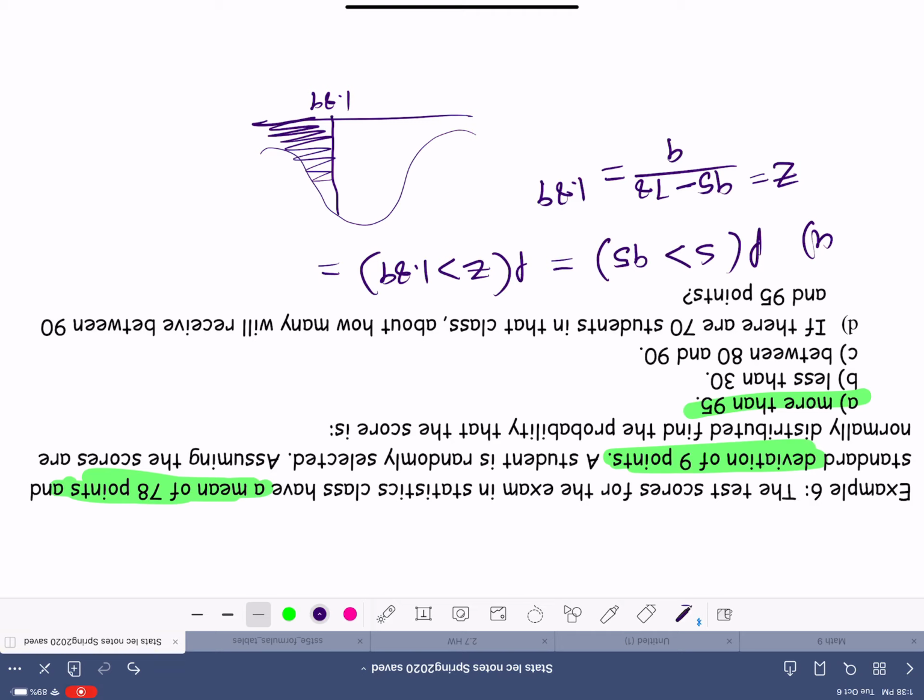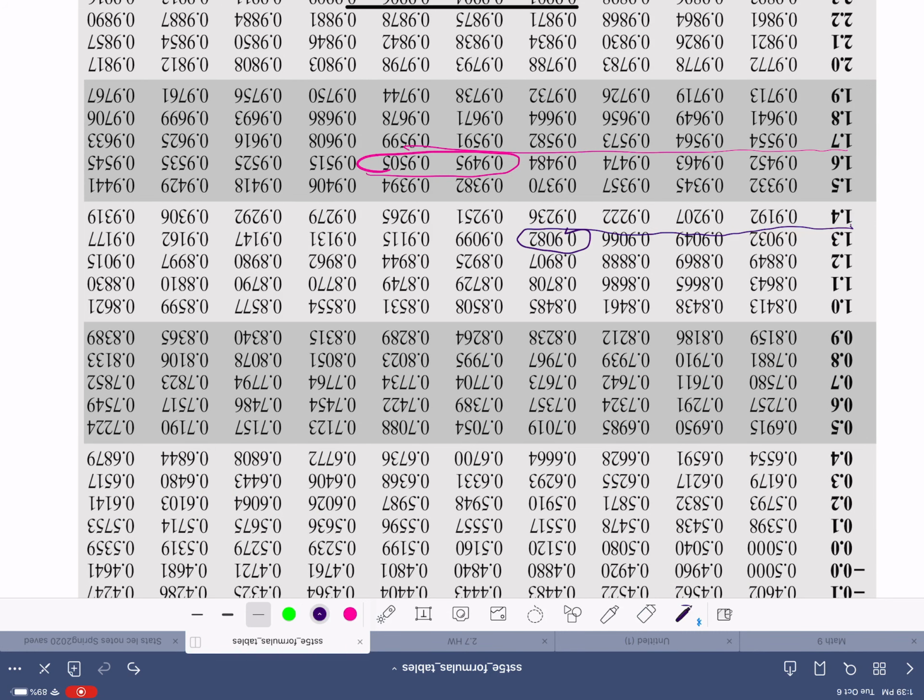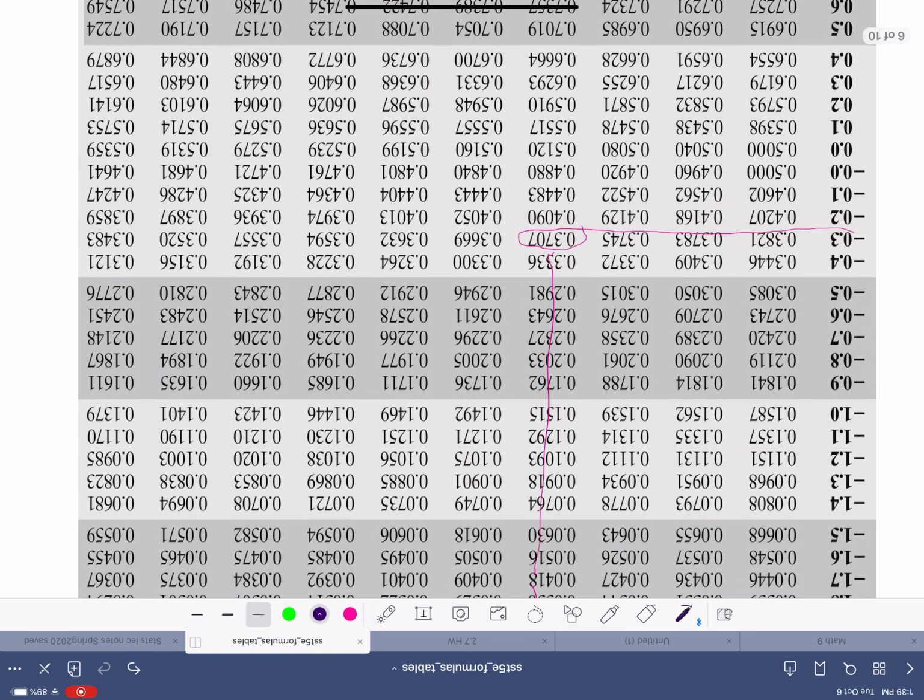If you're reading the table, it doesn't give you area to the right. The table actually gives you area to the left. So let's go to our table and look for 1.89. Is it 0.9707?